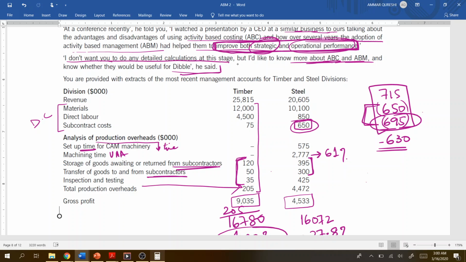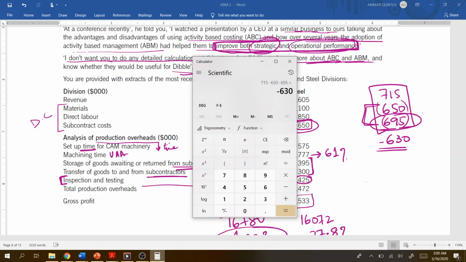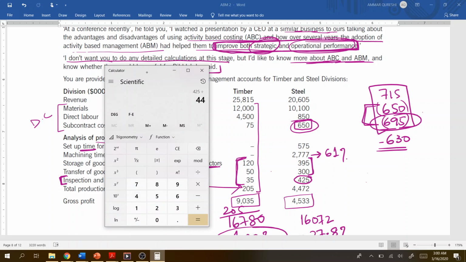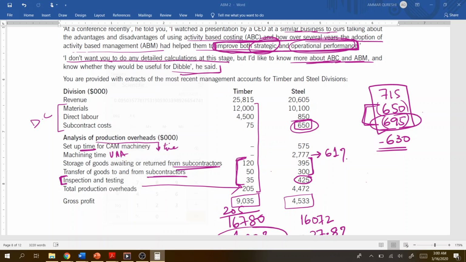Now, inspection and testing, 425,000. Inspection and testing cost is around, if you check, 425 divided by 4472, that makes approximately 9.5% of the total overheads.